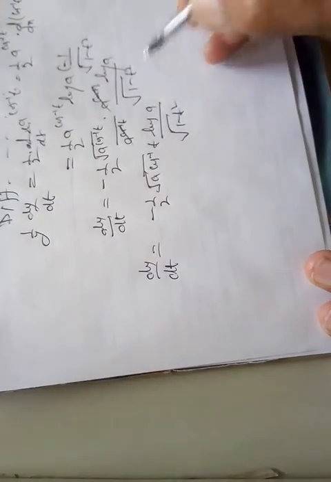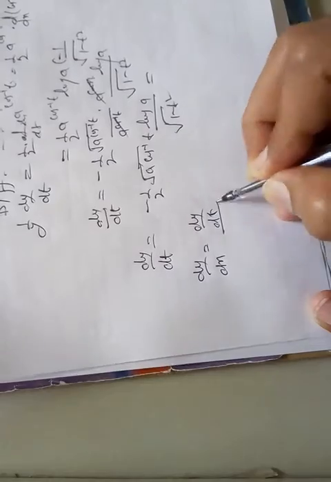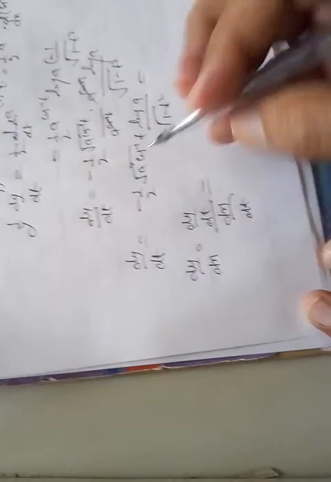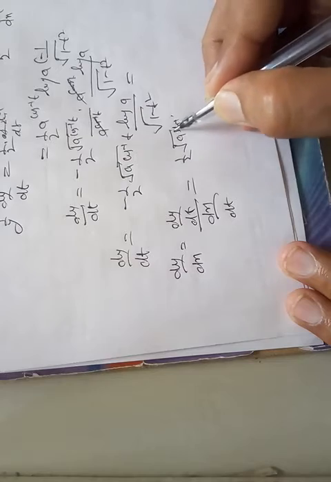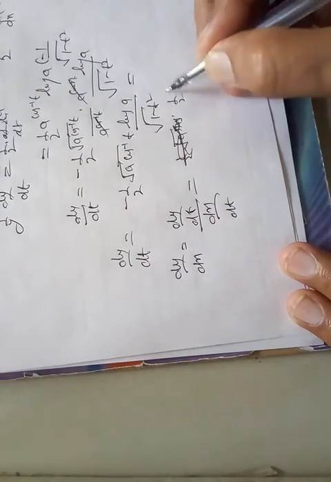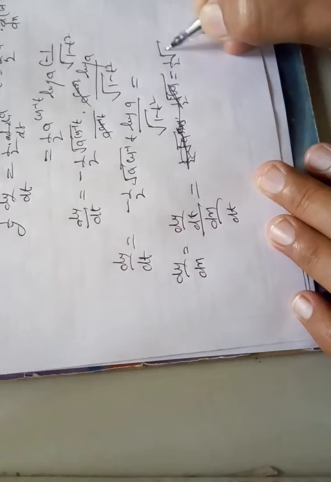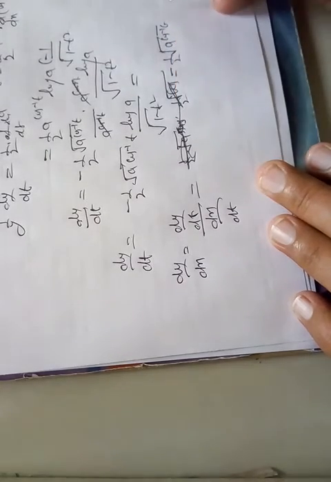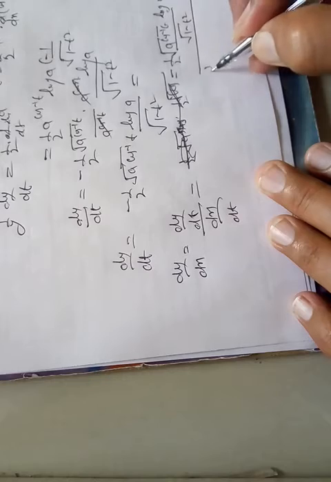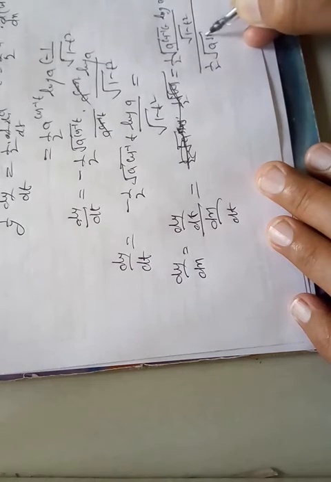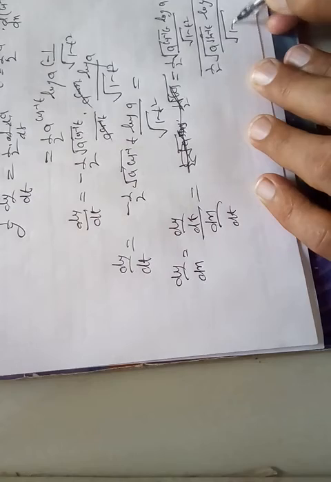So this is also the y function. Now find dy/dx equals dy/dt upon dx/dt. This is 1/2 under root a raised to cos inverse t log a upon under root 1 minus t square, upon 1/2 under root a raised to sin inverse t log a upon under root 1 minus t square.